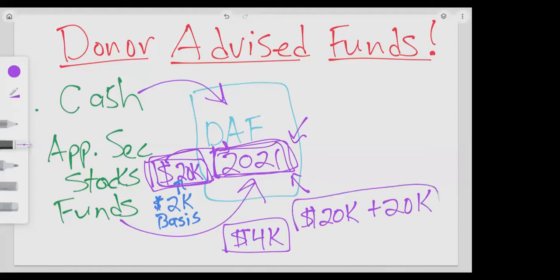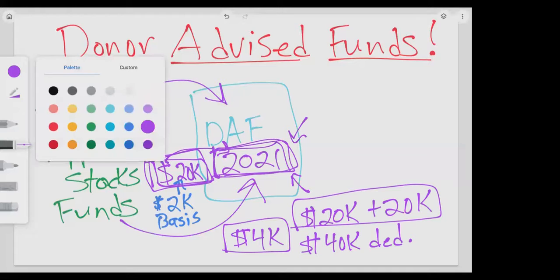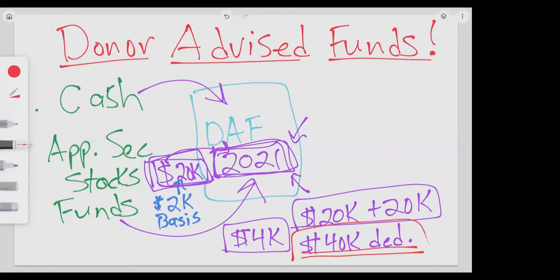Now you have $40,000 of itemized deductions. Can you deduct that on your tax return? Yes, you can. You can now take a $40,000 itemized deduction in, you guessed it, 2021.